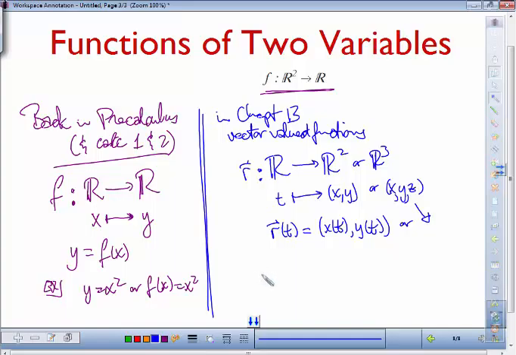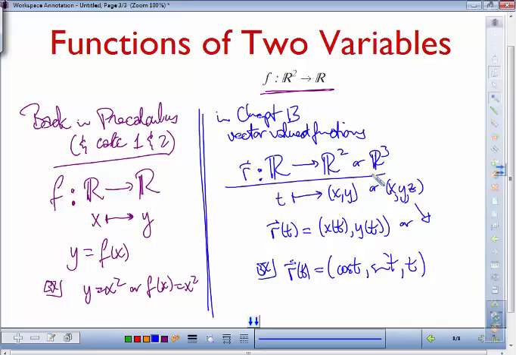And our example might be the helix or something, just so we get a feel for how this looks and what kind of notation we use. So this is stuff that we've done in the past.